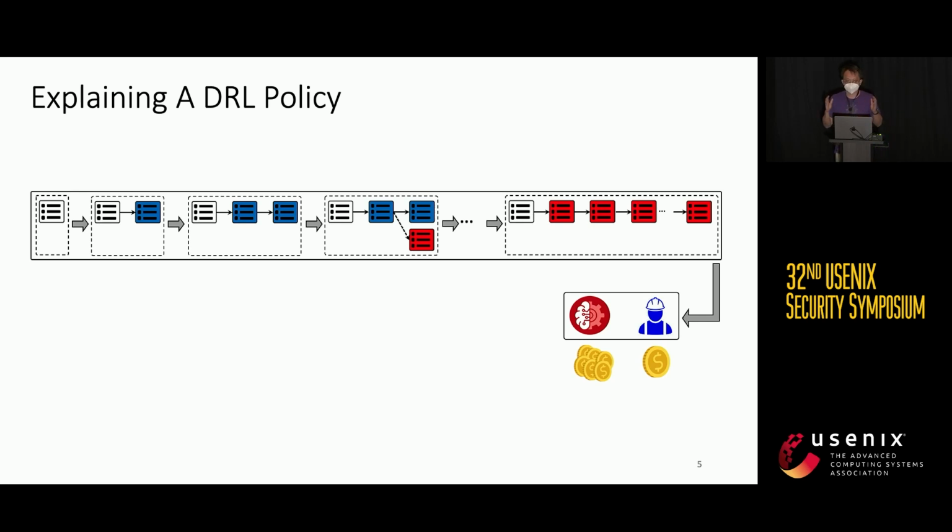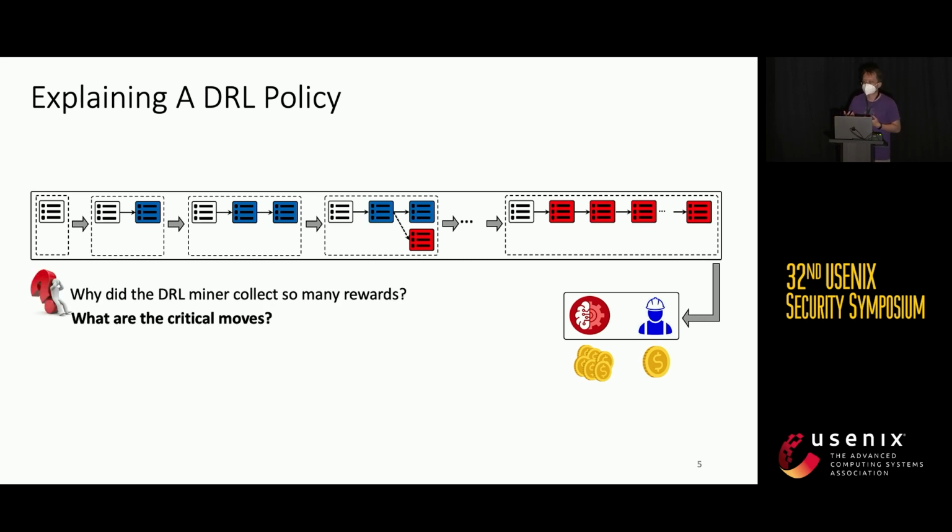And then I want to understand why. Overall, what strategy was played by the selfish miner that made it get so many rewards? Basically, the question is similar to: what are the critical moves made by this selfish miner that were needed to get that many rewards?